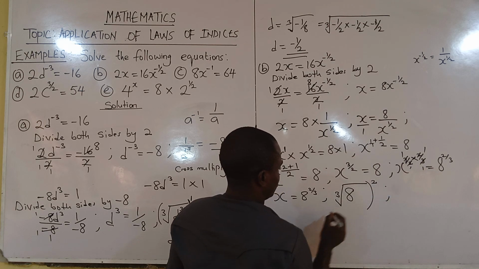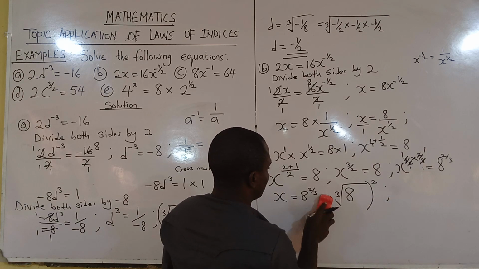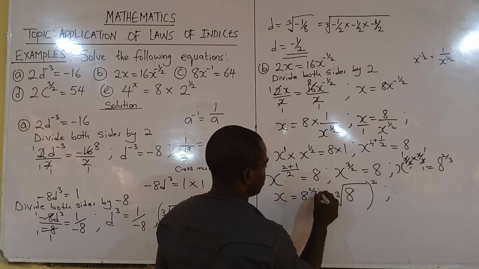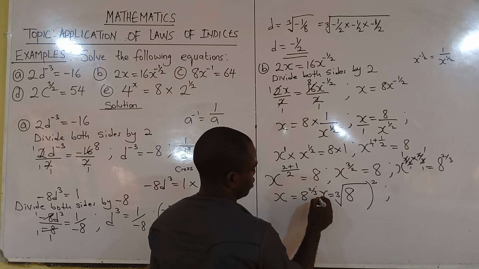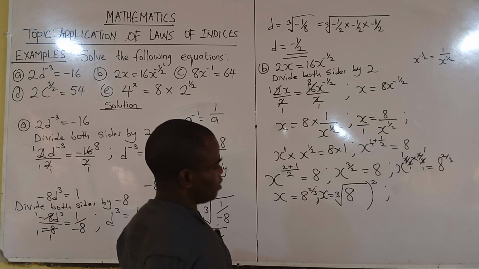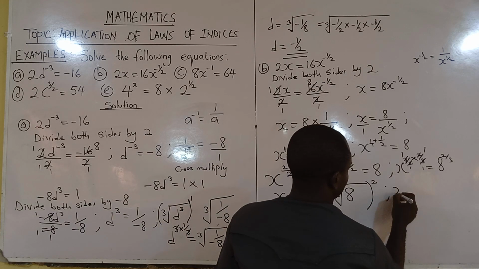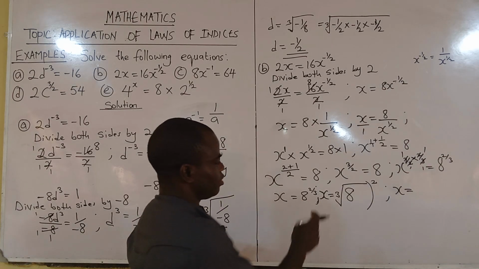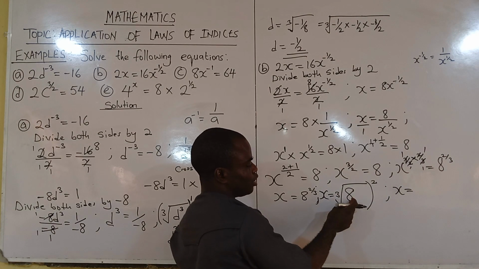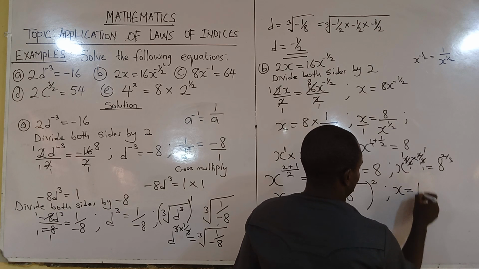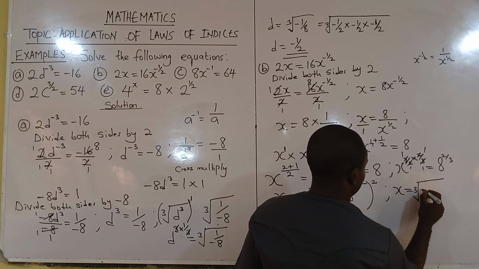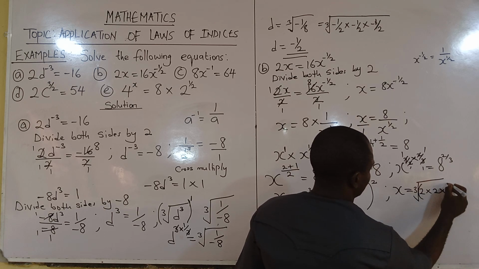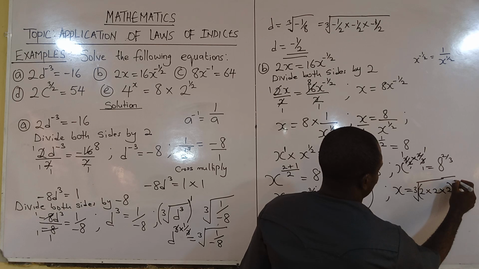Now, don't forget that our x is equals to this. We now have x equals, this one means what can you multiply together 3 times that will give you 8, which is 2 times 2 times 2 gives us 8, raised to the power of 2.